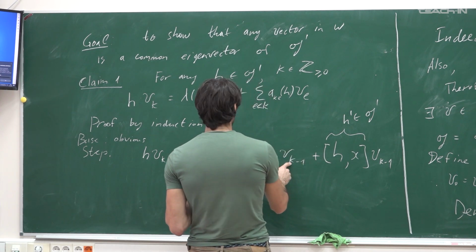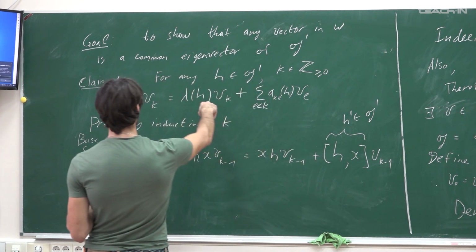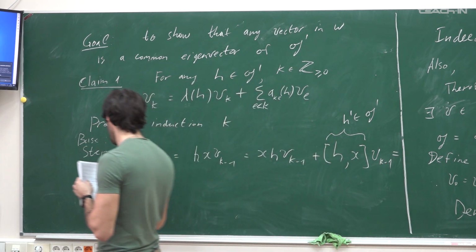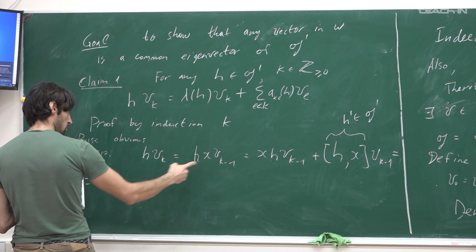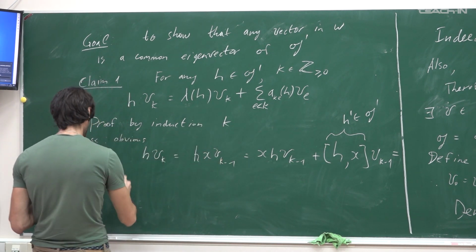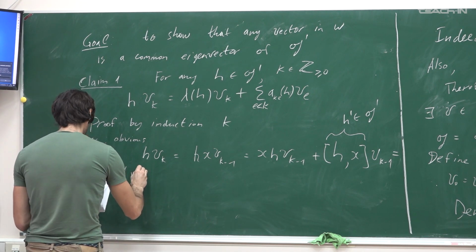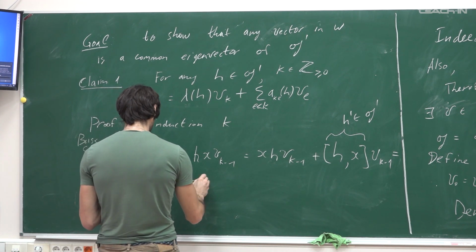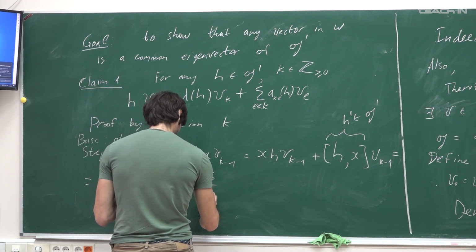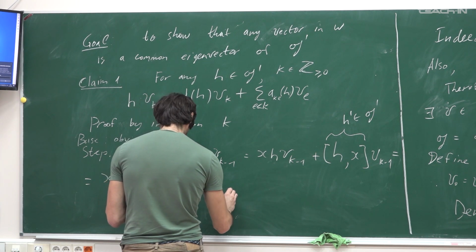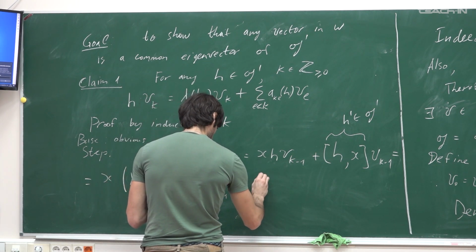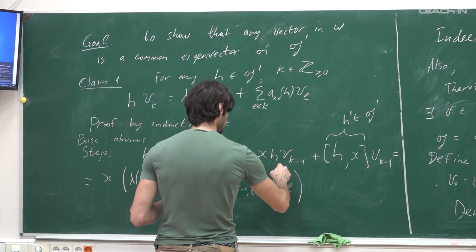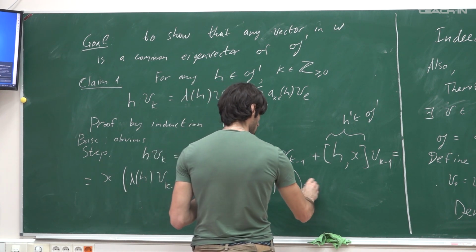So this guy is some h prime, but it also belongs to G prime. For this one, by induction assumption, we have this formula, right? So therefore, it is x, and then we plug in this form of v_{k-1}. So we will have lambda of h v_{k-1} plus the sum over l less than k-1, a_{k-1,l} of h v_l.